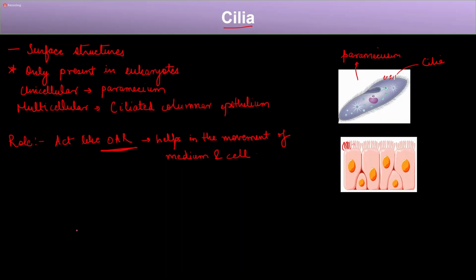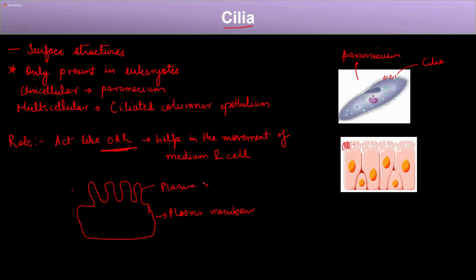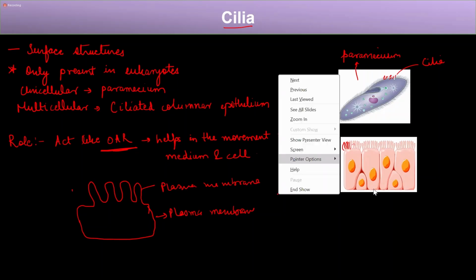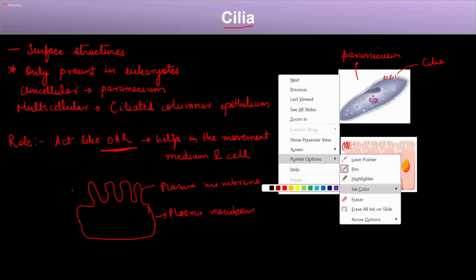Okay. So if we draw this epithelial cell, the structure will be something like this. And this is what? This is plasma membrane. The outer structure is plasma membrane, and this is also an extension of plasma membrane, right? But if we zoom in on this structure under the microscope, what will we see?